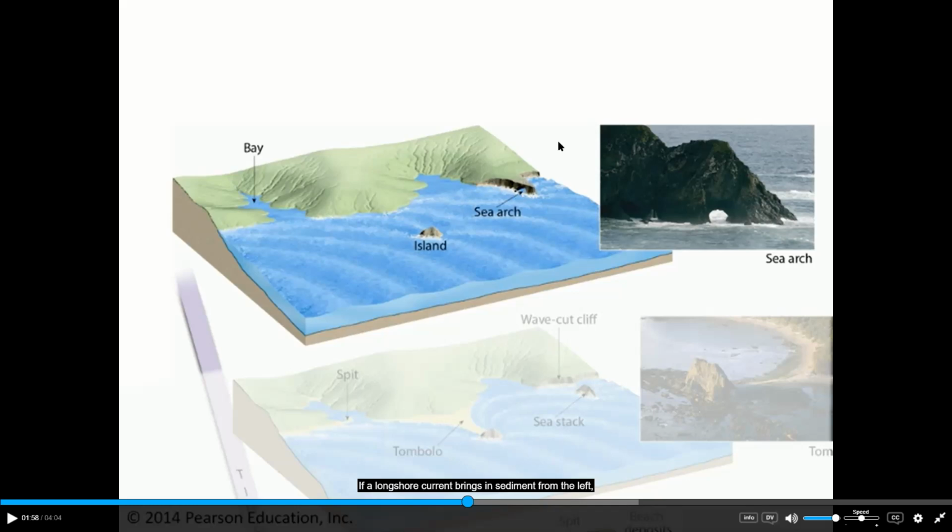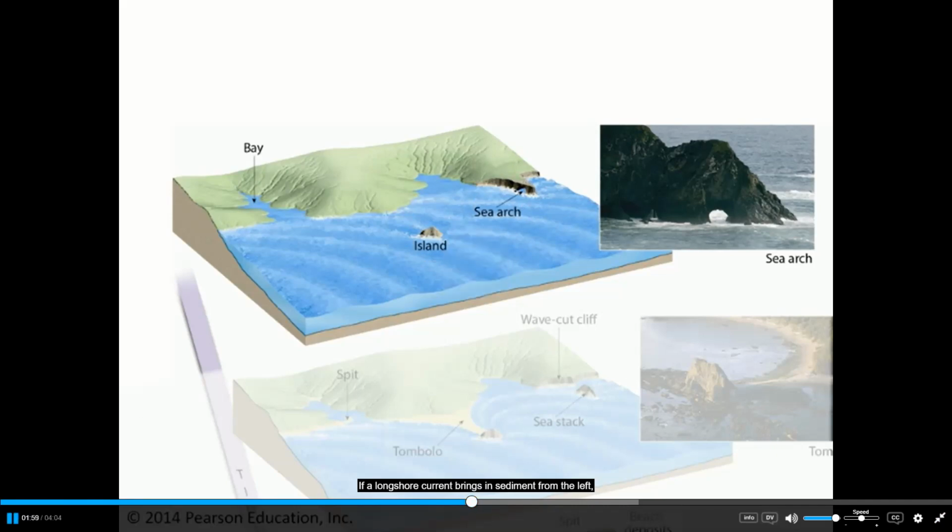You can see here on a headland. So this little piece right here would be a headland. And here's a little island out here. So this could be like a barrier island that has formed. And we'll talk a little bit more about those. So here are some features that are already present, and so we're going to see what can happen there.